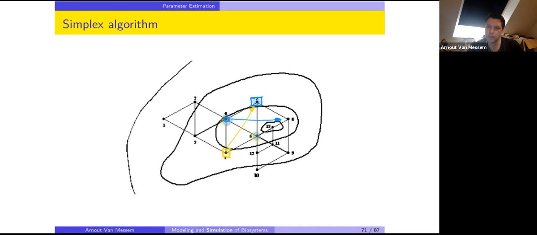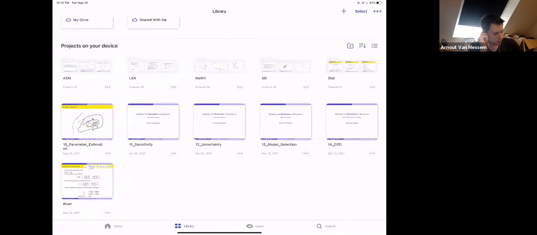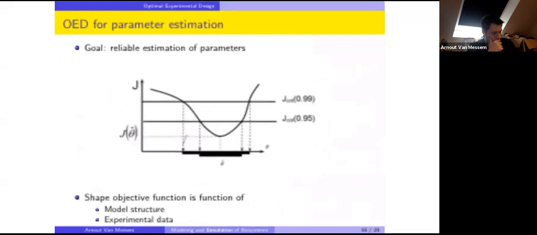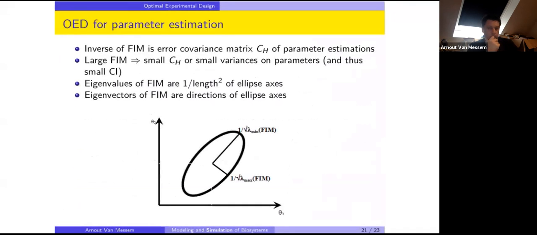So is the length of the ellipse the confidence interval for the parameter?